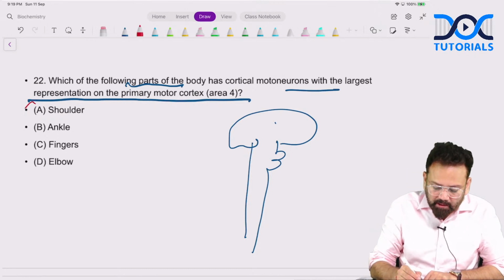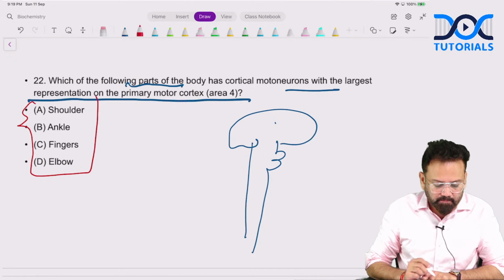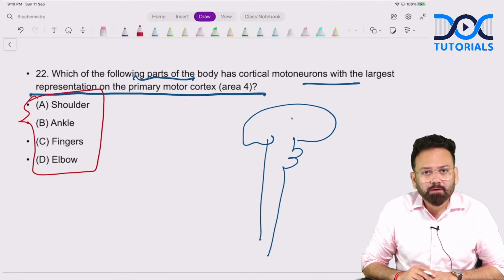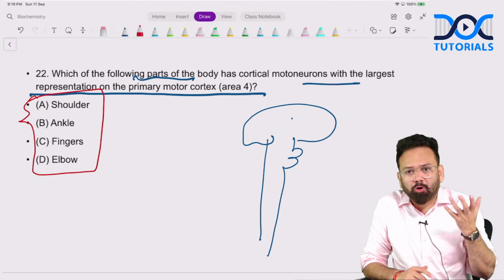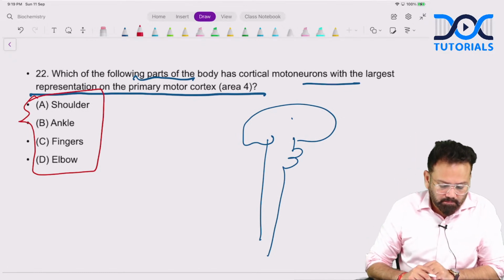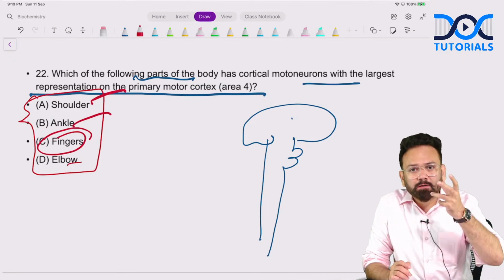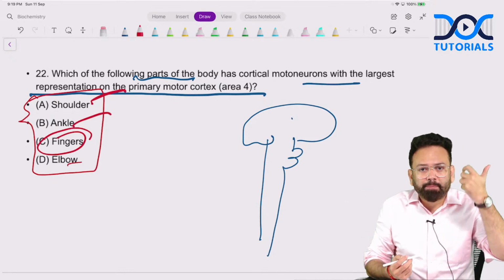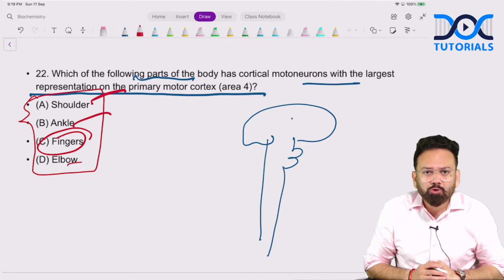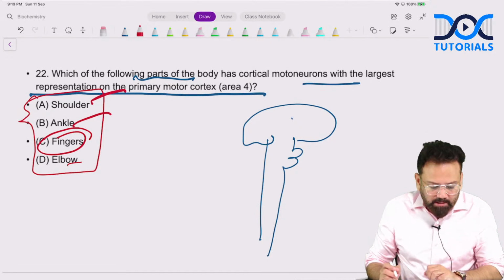Which part is having maximum function? Not the shoulder, ankle or elbow. Fingers. You are writing with the finger, swiping with the finger, using your thumb especially. So the answer is finger. Very good.